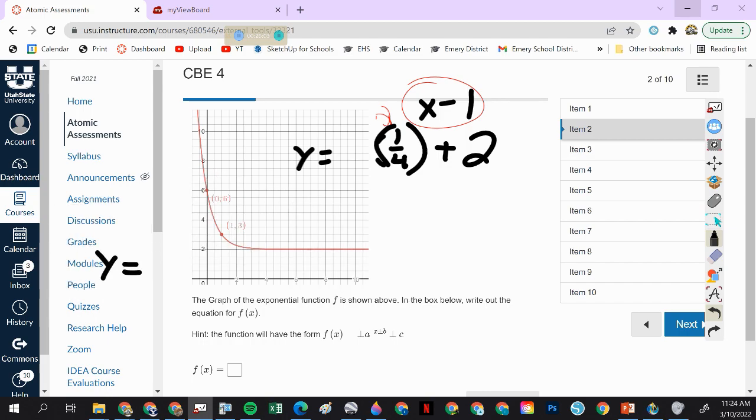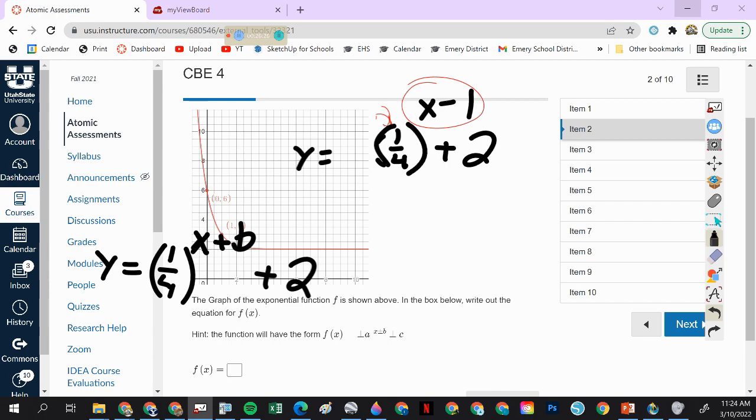So y equals 1/4 times x to the x plus b, plus 2. There we go.